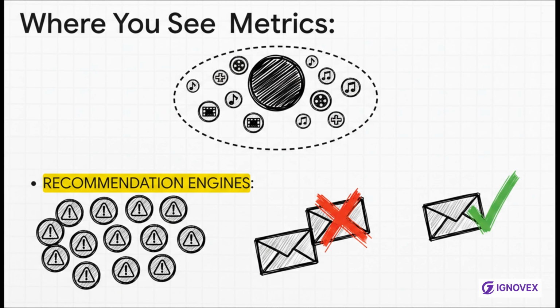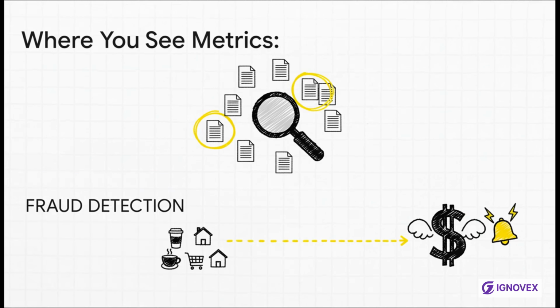And your spam filter? It's measuring the distance of an incoming email's vector to the vectors of thousands of known spam messages. If it gets too close, boom, it gets flagged.